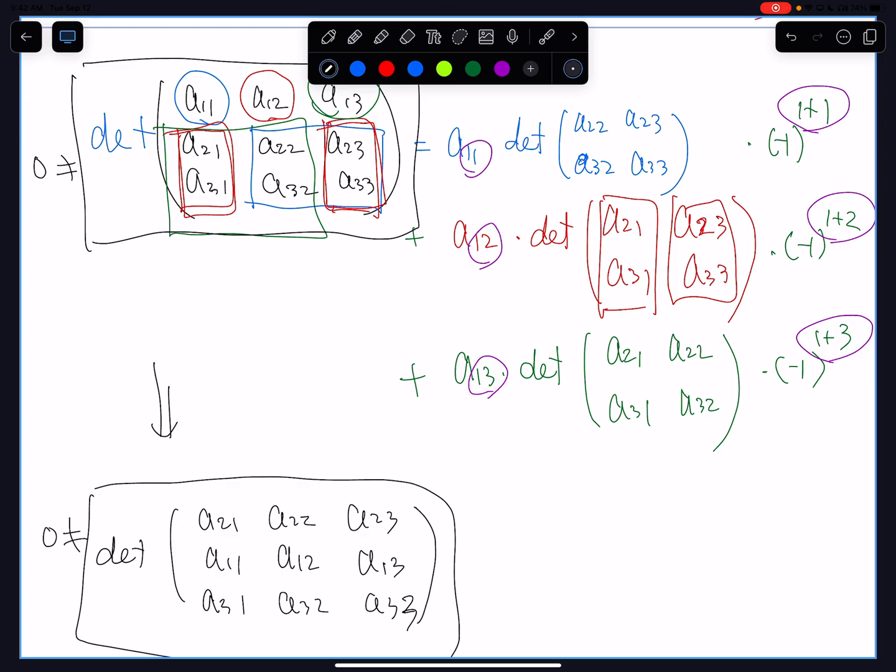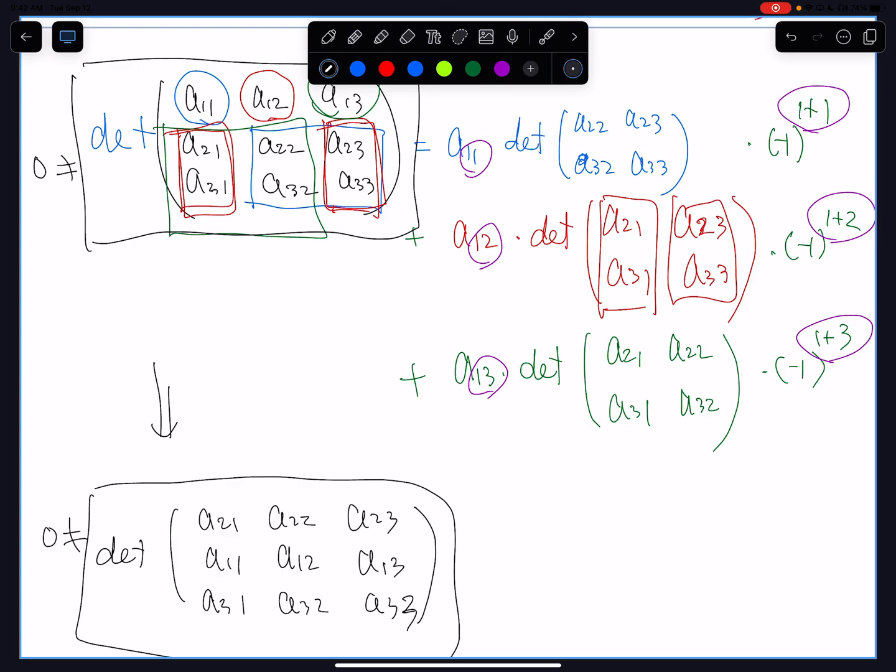Think about the geometry. The system of equations given by this matrix and the system given by this matrix are the same. So if this is non-zero, then this should be non-zero, because the system given by this matrix has a unique solution, and this gives you exactly the same system of linear equations.